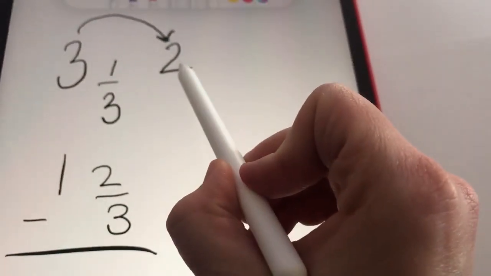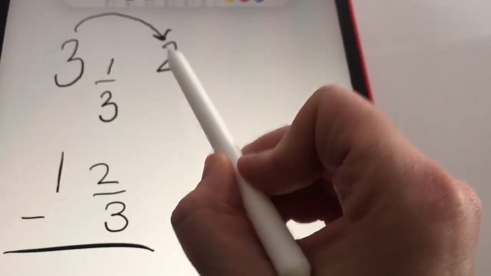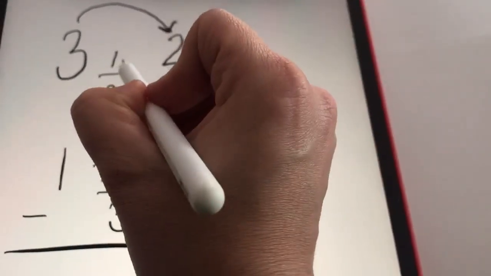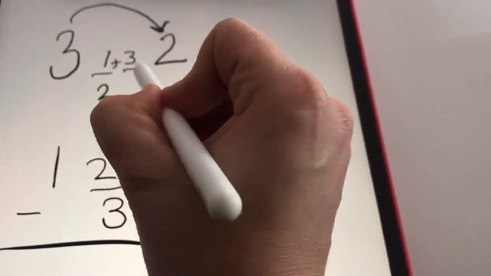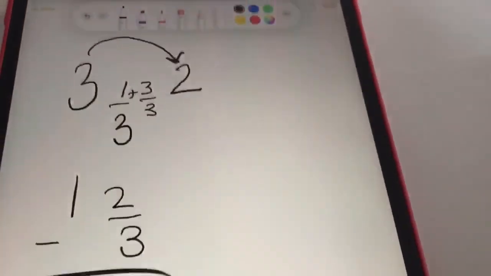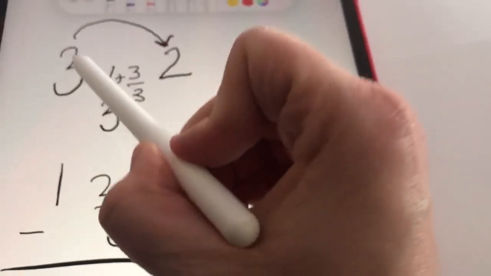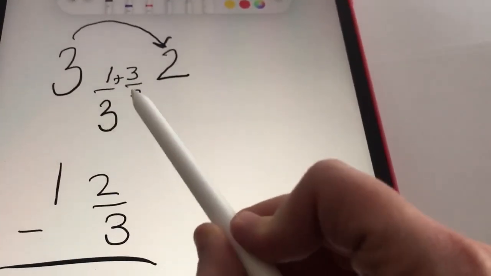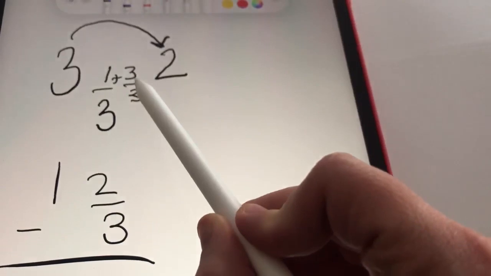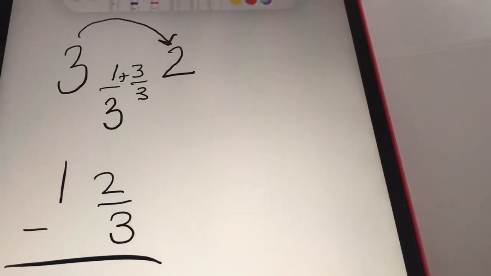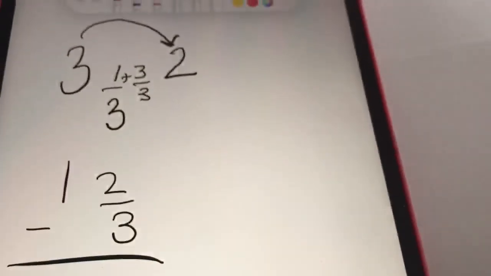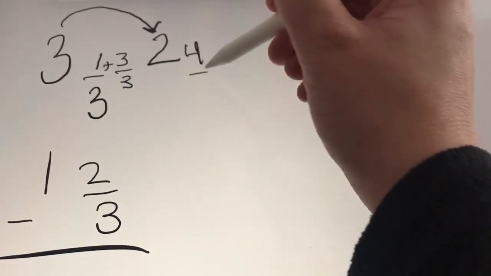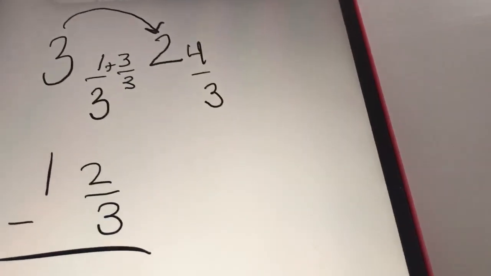Since we borrowed it, it's going to come down to 2. And we are going to add 3/3 to 1/3, because we borrowed a whole out of that 3 to give to that 1/3, and we named it as 3/3, because we're dealing with thirds here. So now we have 2 and 4/3.